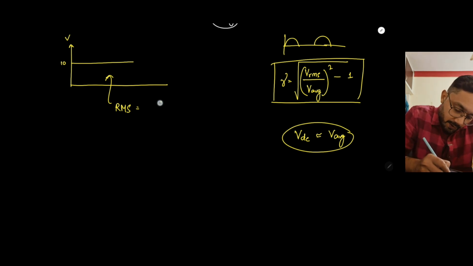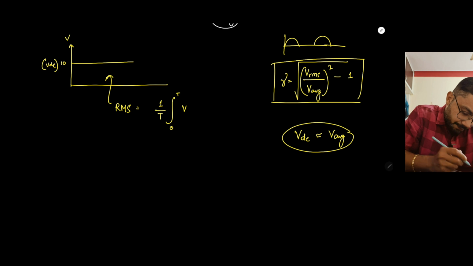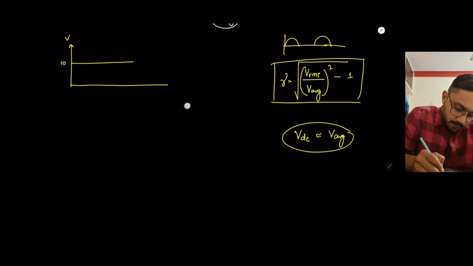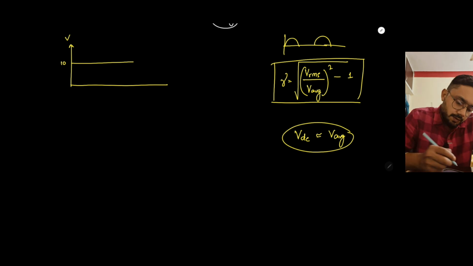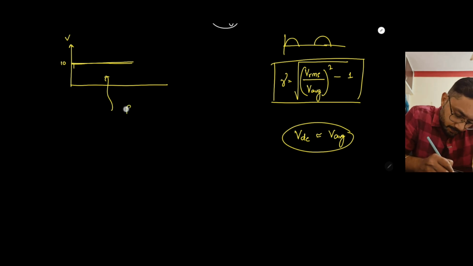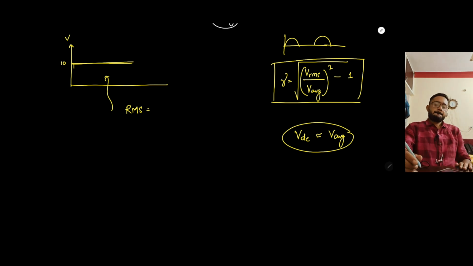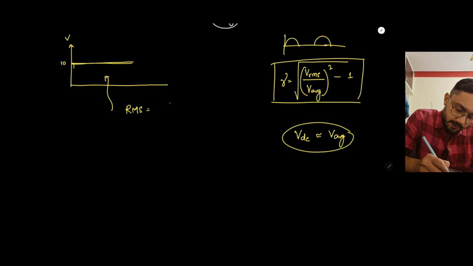What is the formula of the RMS voltage? The RMS value is the square root of 1 by time period, integral from 0 to T of V squared dt.